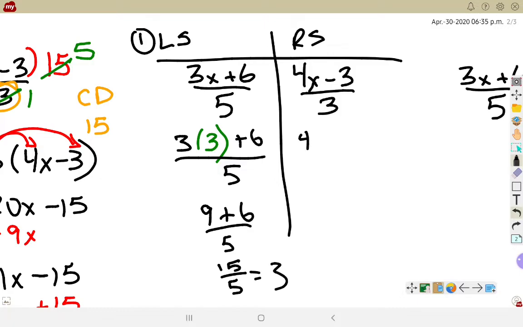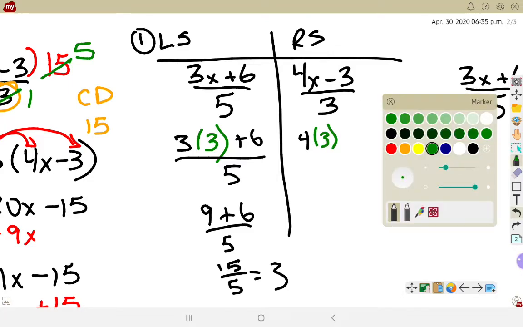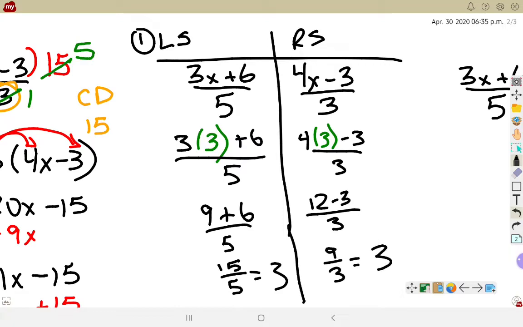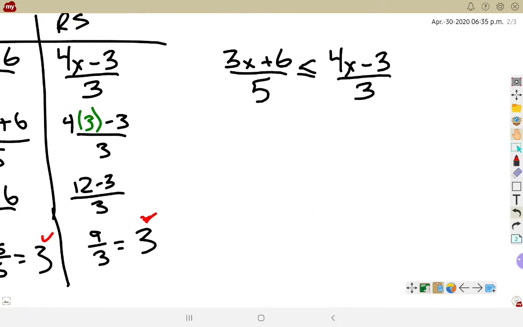We'll do the same thing on the right-hand side. Instead of putting in x, we'll put in 3. So we have 4 times 3, which is 12, 12 minus 3, which is 9, and 9 over 3, which is just 3. So we have that same value of 3 on both sides. Interesting that it also ended up equaling the boundary point, but certainly not necessary.